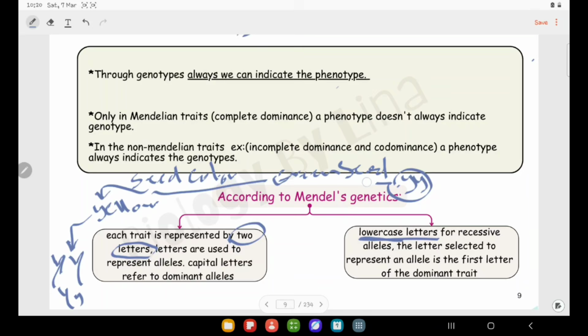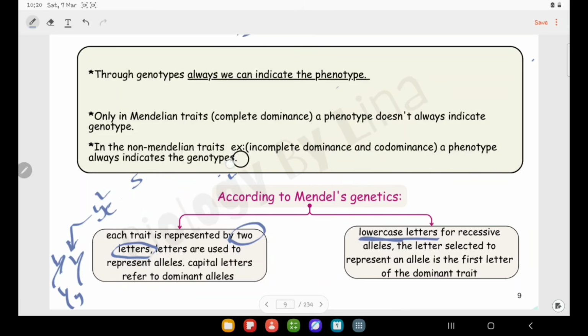We use the first letter of the dominant trait, not of the recessive trait. For example, when I want to mention the green seed, I don't write it as GG or small g. I write it according to the seed color, where yellow is the dominant and green is the recessive. So the recessive will be small y, small y.